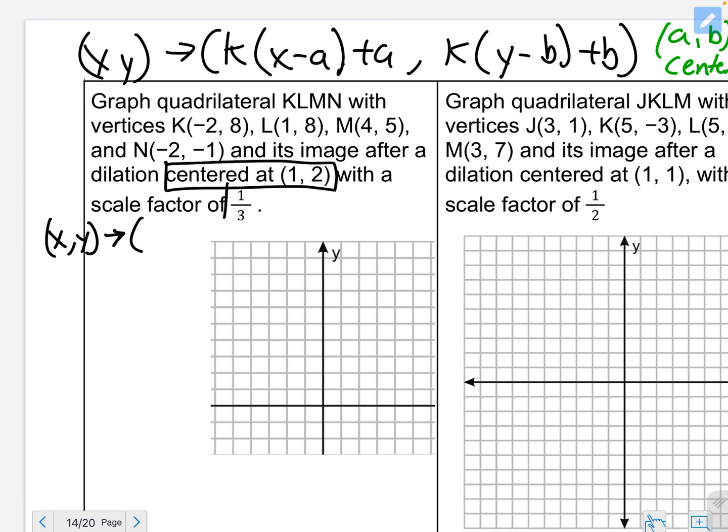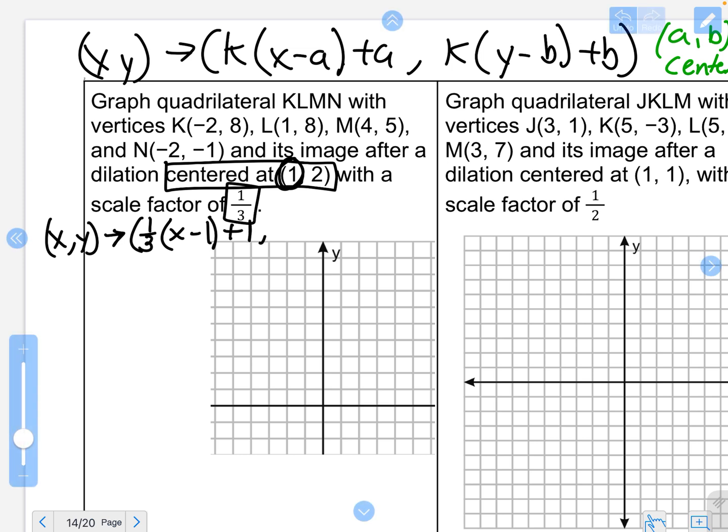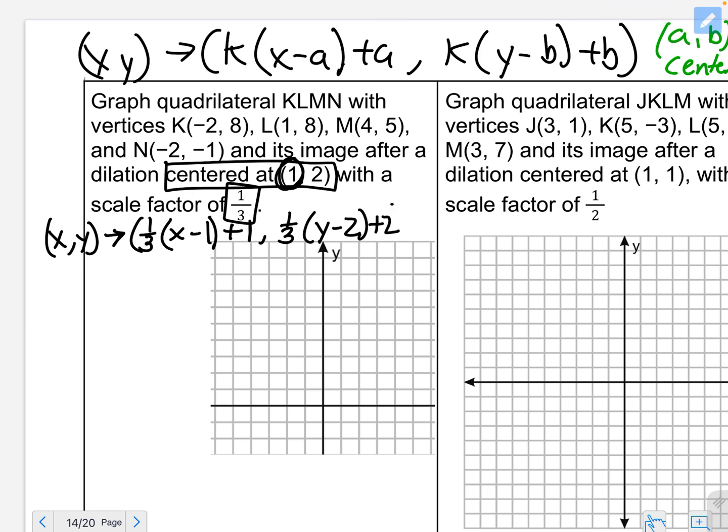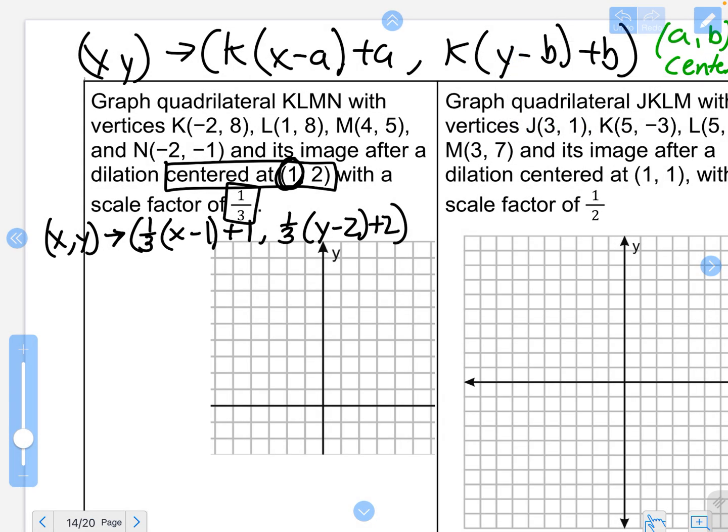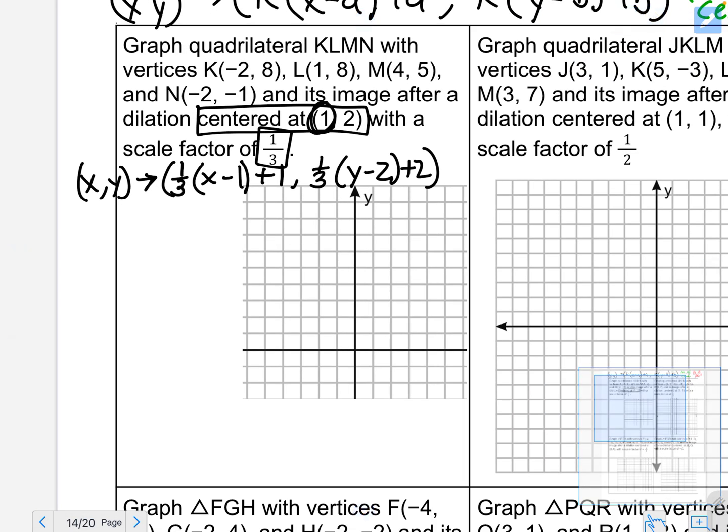Our scale factor is 1/3, so it's going to be 1/3 times whatever our x point is minus a is going to be where it's centered at, plus 1, 1/3 y minus 2 plus 2. And once we get those numbers in there, it gets a lot simpler. It gets a lot easier.